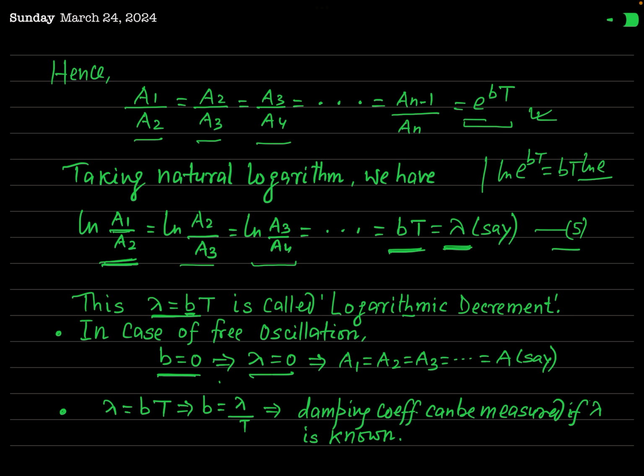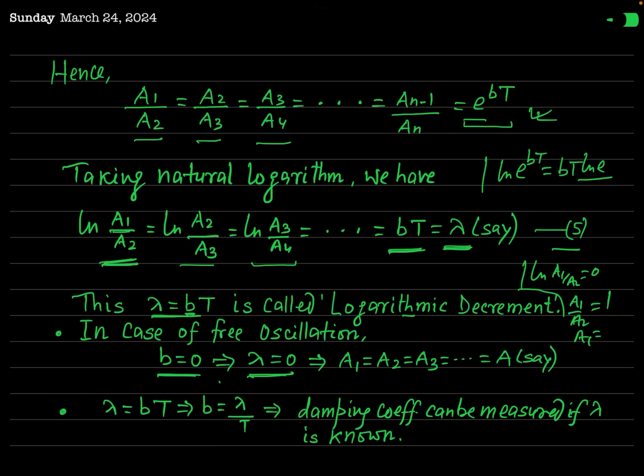And so you can say why it is 0. It means log a1 over a2 is 0, log a2 by a3 is 0, and if log a1 by a2 is 0, what does it mean? It means a1 by a2 is equal to 1 because log 1 is 0.